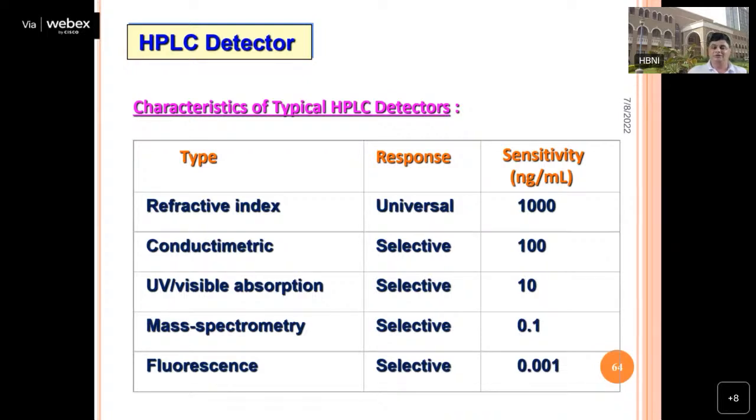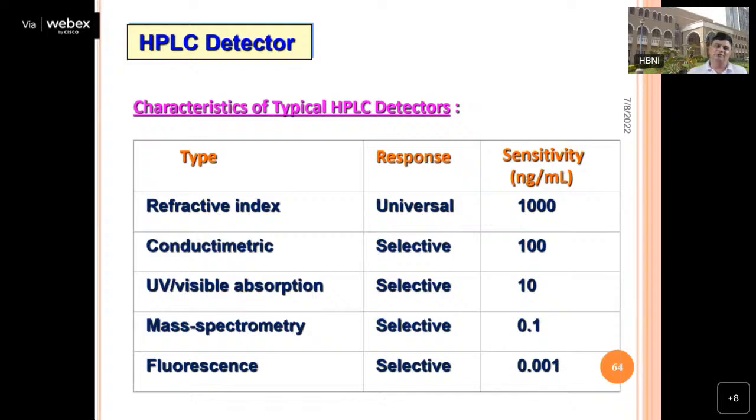What kind of detectors are possible in HPLC? We have a refractive index detector, where the sensitivity is about 100 nanograms per ml. Conductometry is still better, at 100 nanograms per ml. UV spectrometers are about 10 nanograms per ml. Mass spectrometry too, because you can attach any kind of detector to your HPLC. The HPLC's main job is to do the separation, and the other parts are done by the detectors.